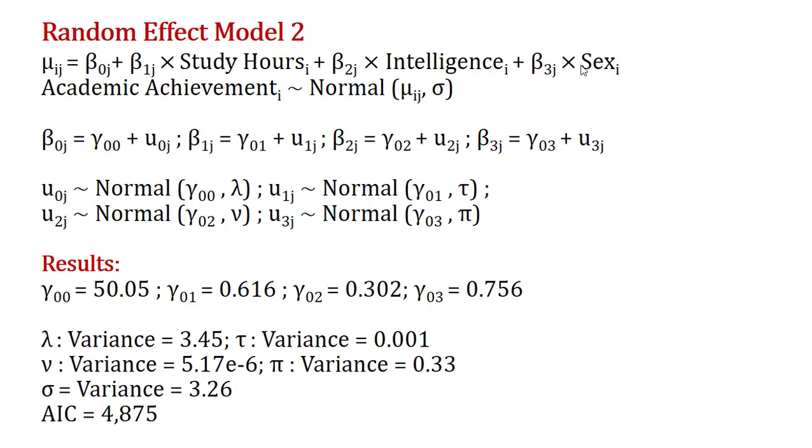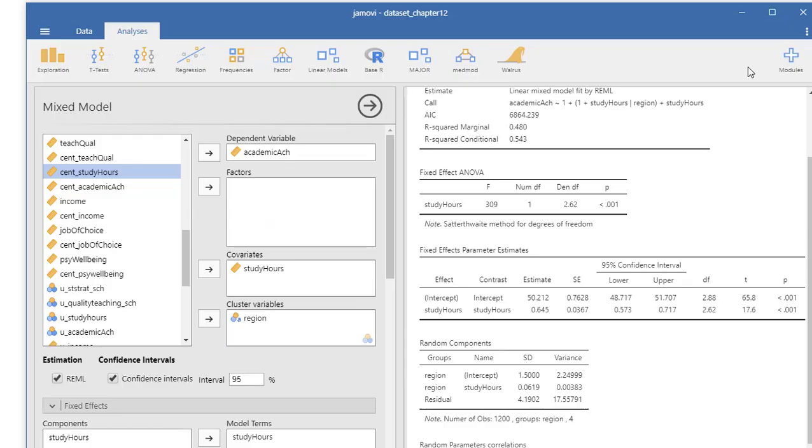So the effect of sex on academic achievement, the variability among regions, and these are the distributions. The lambda is for the intercept, the tau is for the slope of study hours, the nu is for the slope of intelligence, and the pi is for the slope of sex.